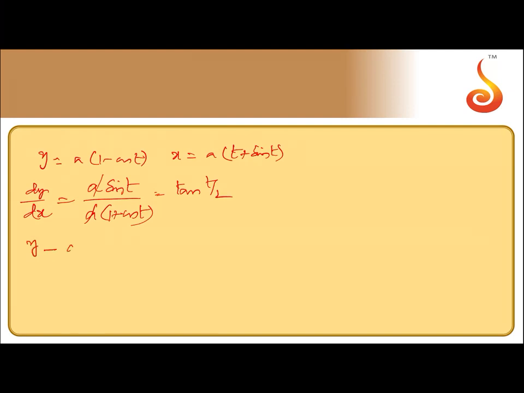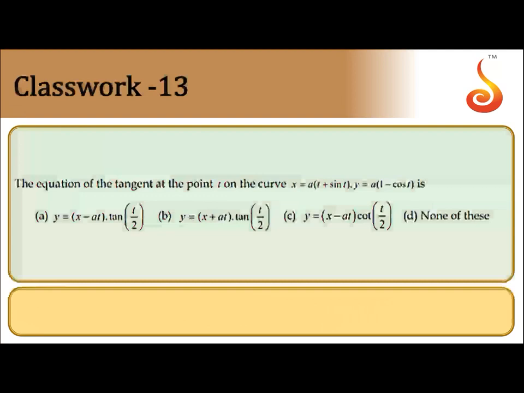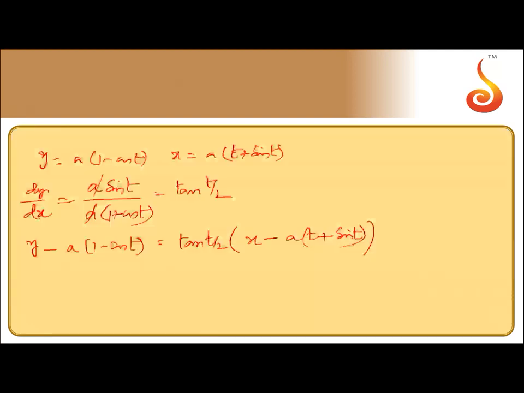So equation of the tangent is given by y minus a times 1 minus cos t is equal to tan t by 2 multiplied by x minus of a into t plus sin t. Now I have to simplify and get the answer. So why not take up y is equal to. 1 minus cos t is 2 sine square t by 2.